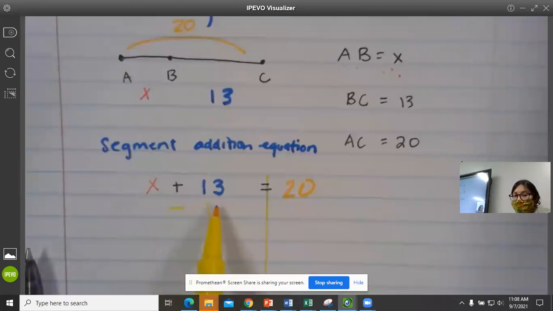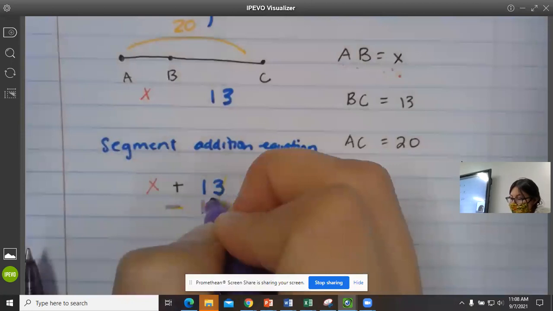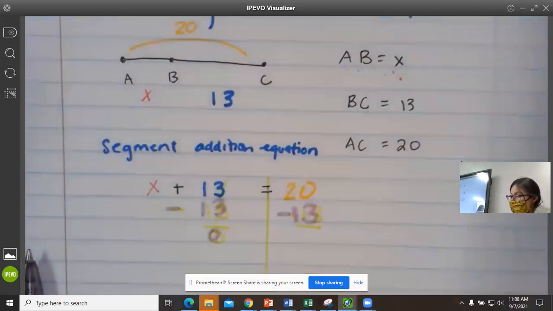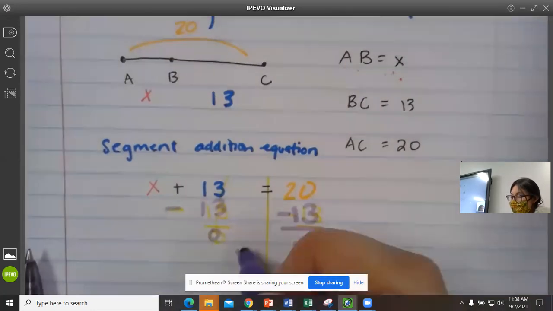The opposite would be minus 13. Minus 13, that's 0. Can you see that? 20 minus 13, I was going to say 7. So X equals 7.